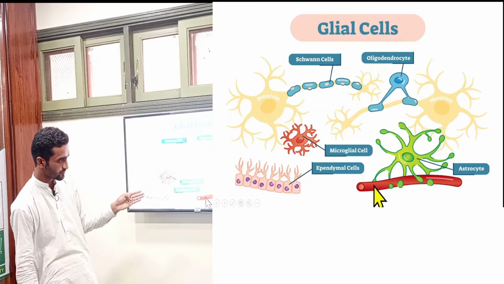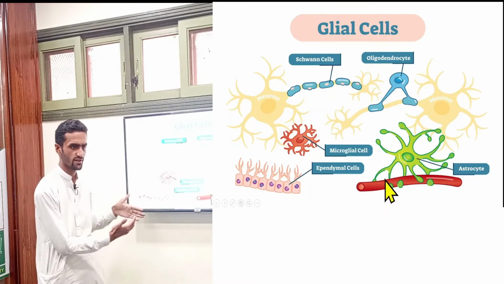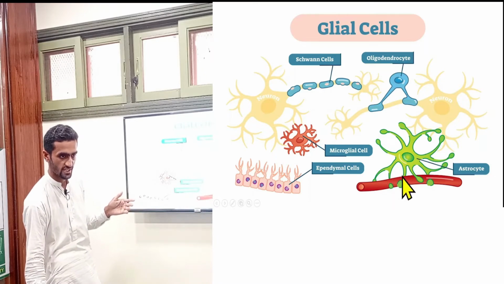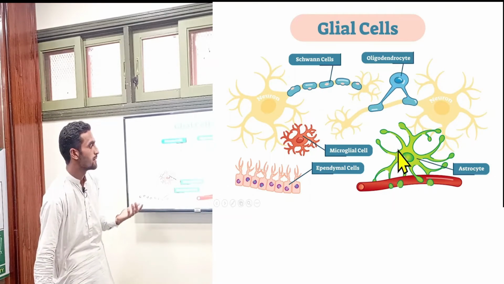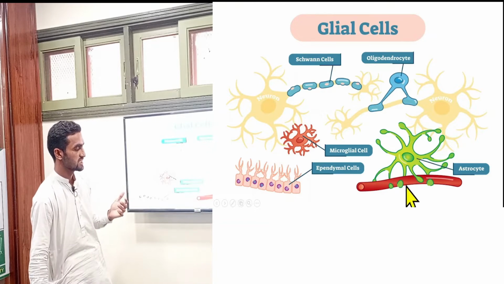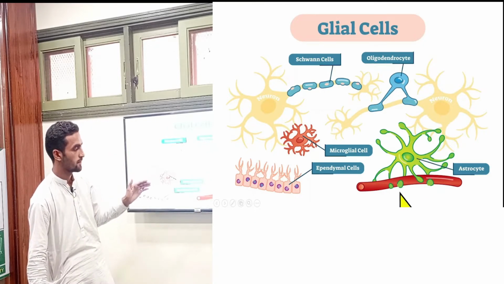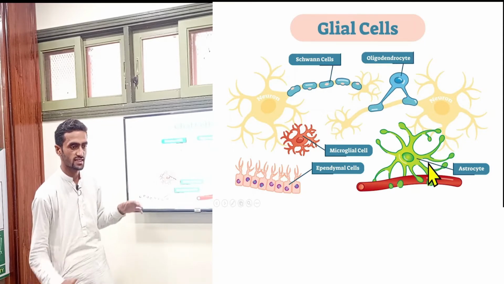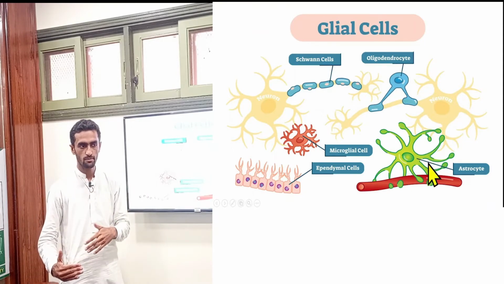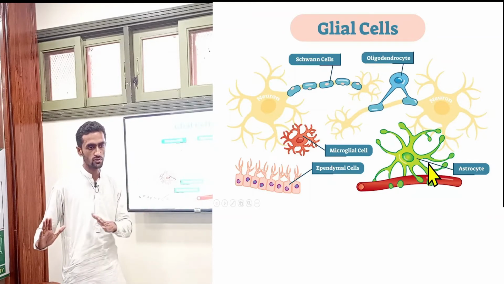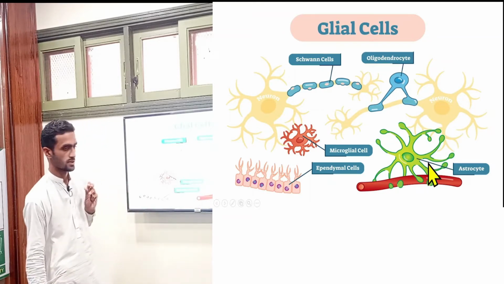One part is the inner layer of your capillaries, and then these foot processes of the astrocyte become part of the blood-brain barrier. In this way, the content coming in the capillaries enters the neuron through this barrier. So everything cannot cross the blood-brain barrier, and that provides an important role in protection.